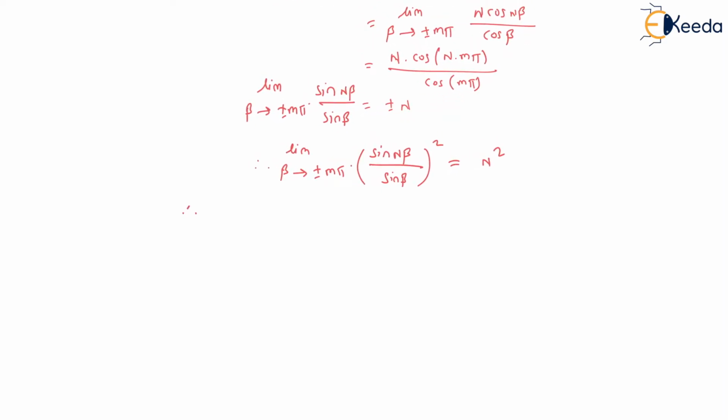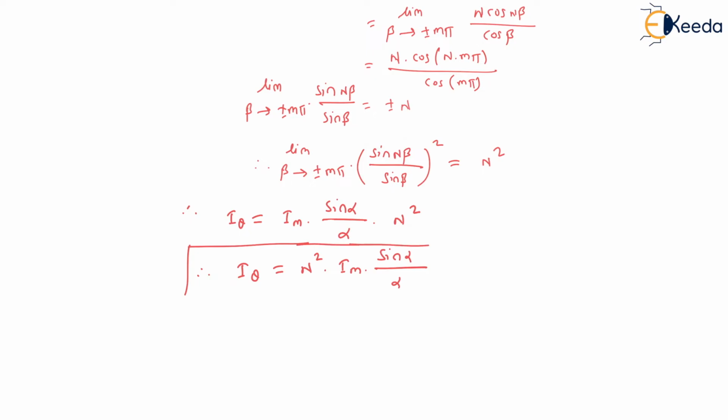Therefore I theta will be equal to Im into sin alpha upon alpha, the whole square, into n square. Or here we can write I theta is n square into Im into sin alpha by alpha squared. So this is the maximum intensity of the diffraction pattern of the grating.